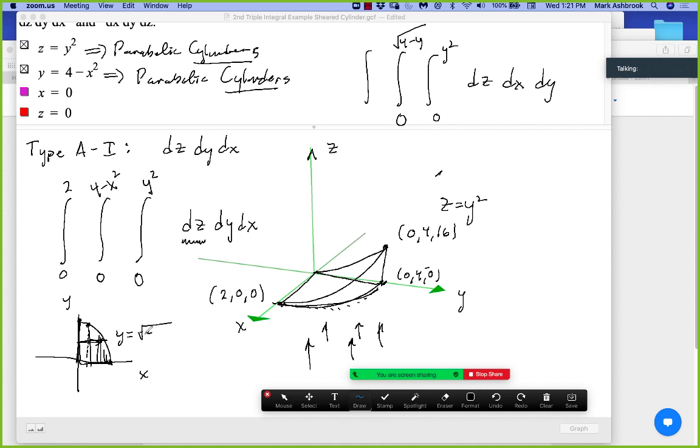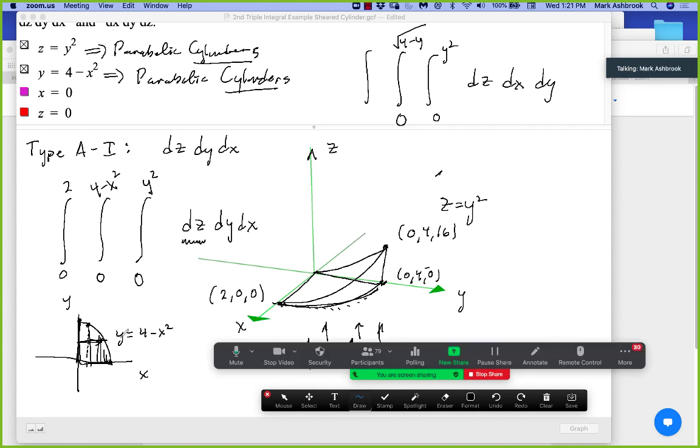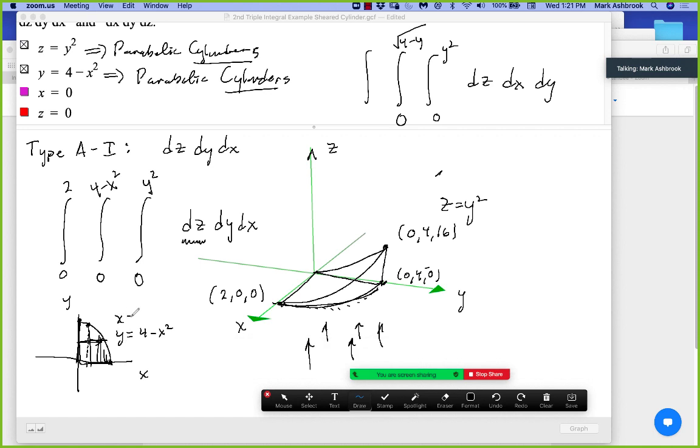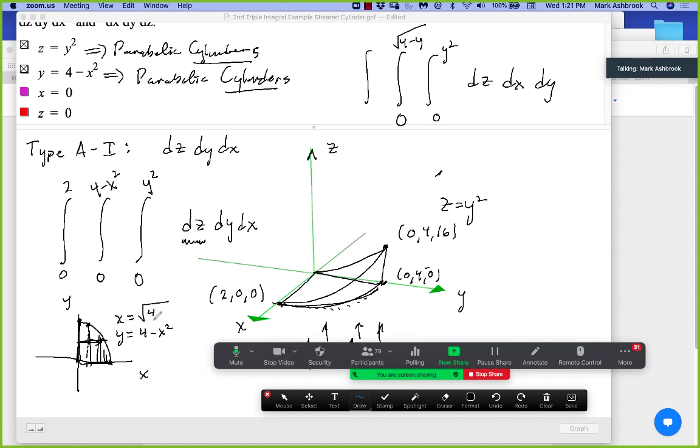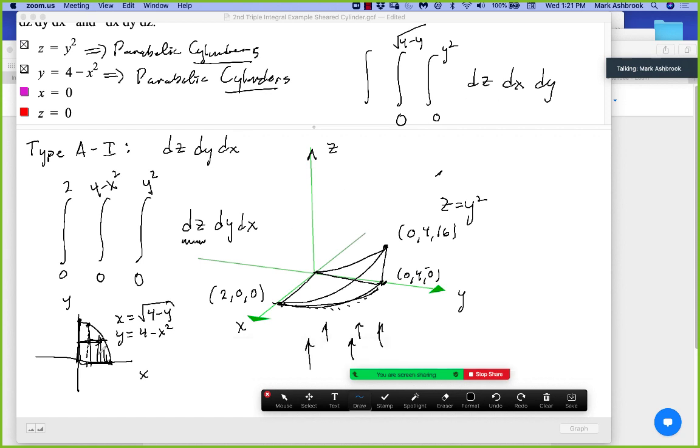If 4 minus x squared equals y, then x equals the square root of 4 minus y. And then y going from 0 to 4. So only slightly harder, just because we got that one more step of solving this parabola for x.